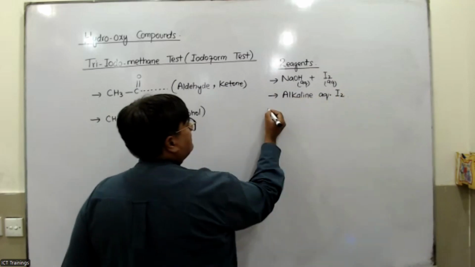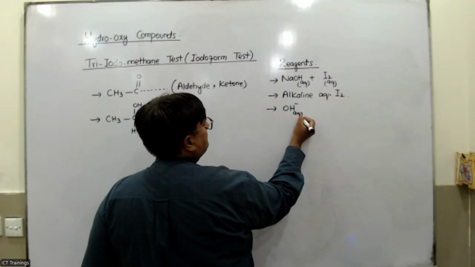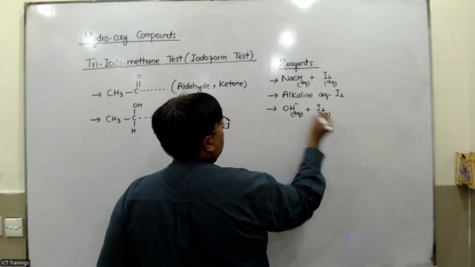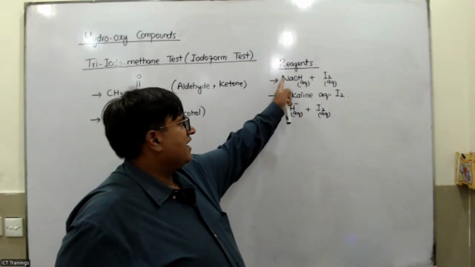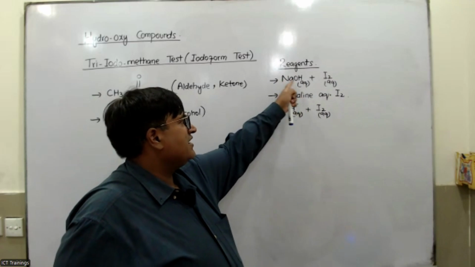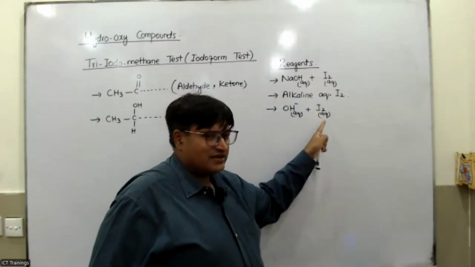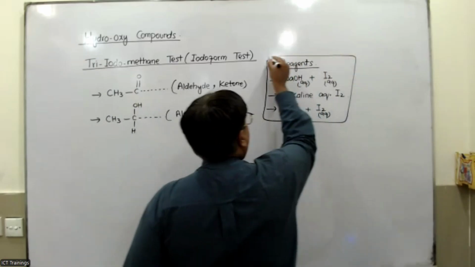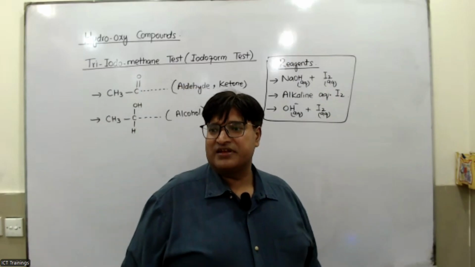And the third way is OH minus aqueous and I2 aqueous. All these mean the same thing. NaOH is an alkali, represented by OH minus. Iodine is present in all of these, so all of them represent the reagents for the triiodomethane test.